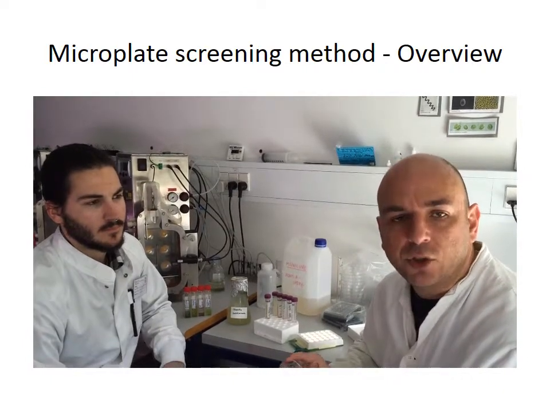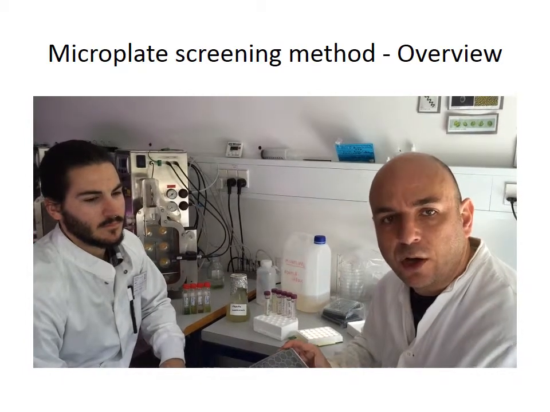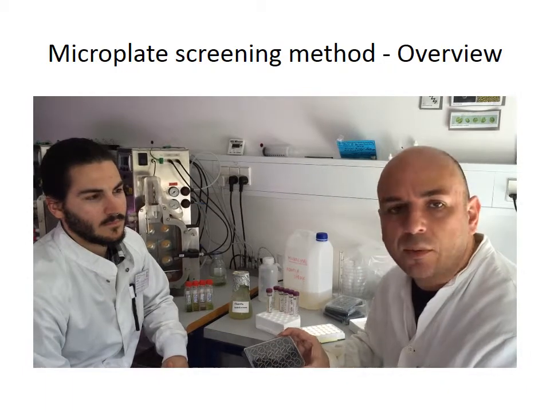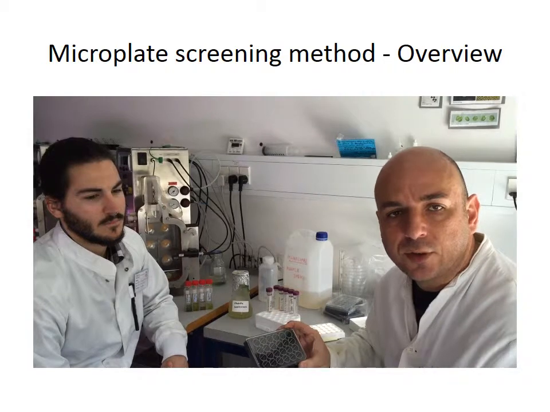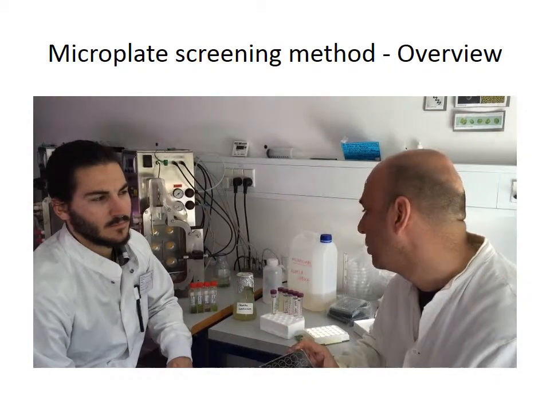Of course, you can imagine that such an experiment done even in flasks would require a lot of space and a lot of time, while in this case we can perform this analysis in a very short time and in parallel, so we can have a real comparison between the different conditions.